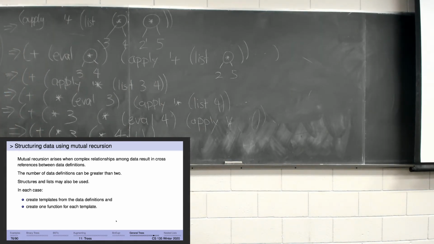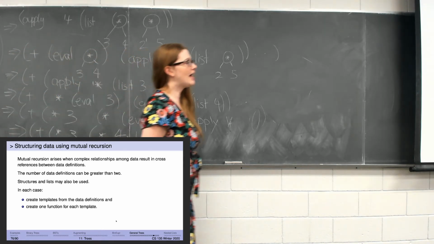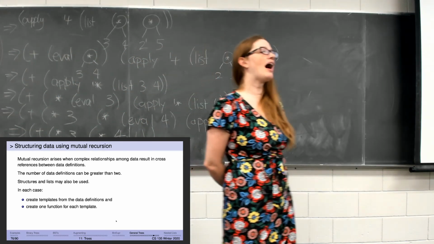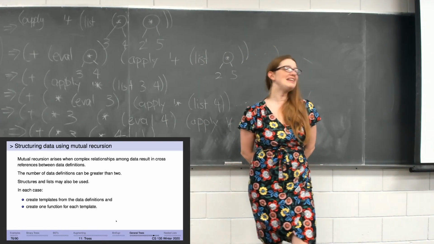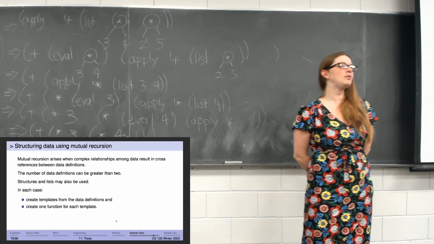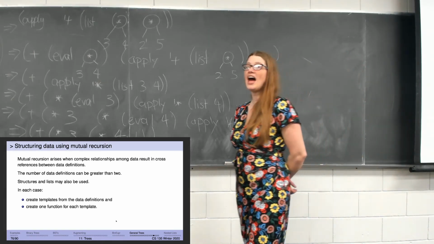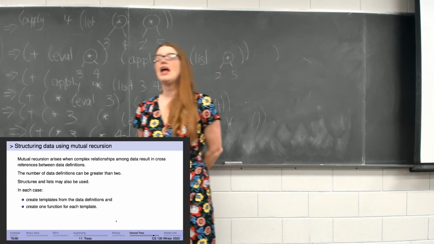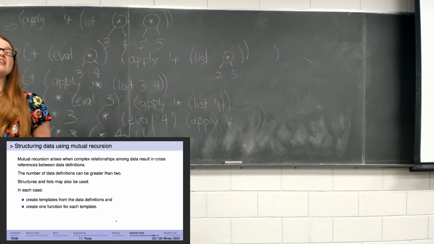All right. Now, this mutual recursion thing, as I said, is pretty tricky, and it can be very daunting to think about how to actually solve it. But one of the things I want to reiterate is that the data definition is telling you the answer. The data definition is showing you the pattern of mutual recursion. And it's really important that when you get a data definition, you create the template for it.